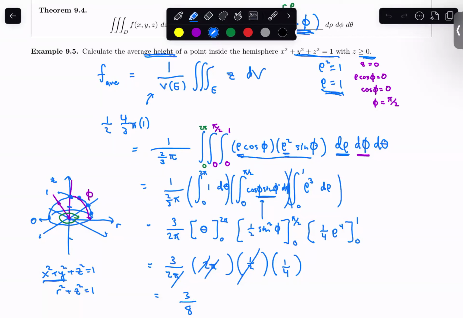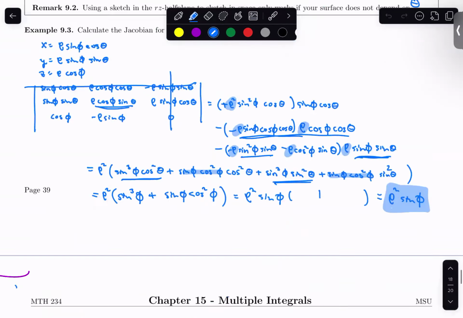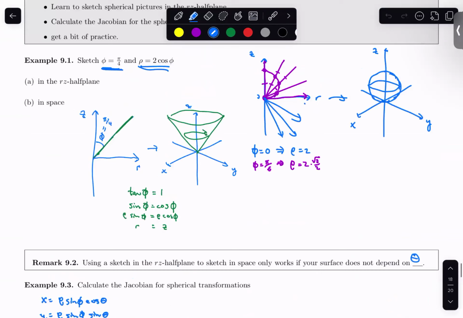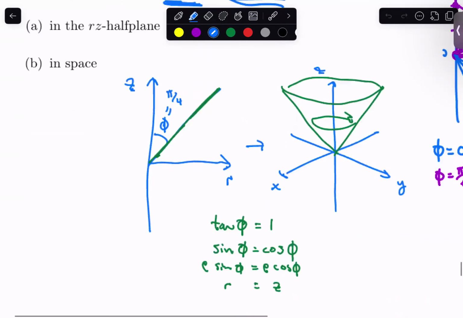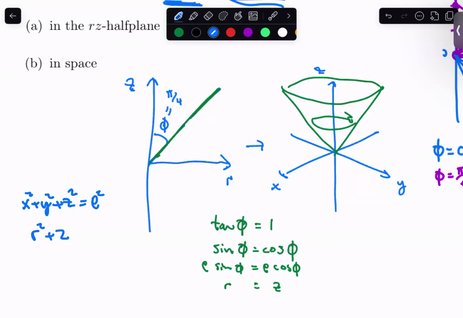That's true. So it's important to maybe recognize that because, right, if we do x squared plus y squared plus z squared is equal to rho squared, in RZ, right, this would be r squared plus z squared is equal to rho squared.